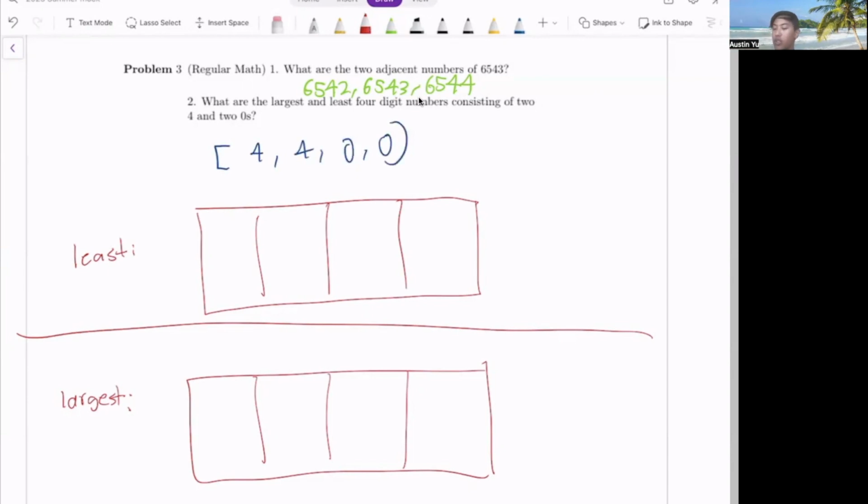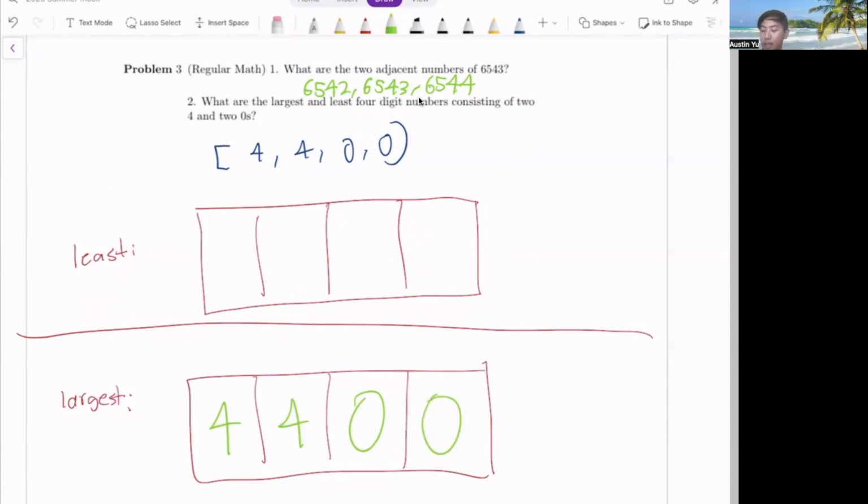Obviously, if we want the largest 4-digit number, we're going to have to put the 4s directly in the front, because that's where the thousands and hundreds places are. Those are larger, so we need to put the largest numbers there. So I put the 2 4s in the front, and the zeros have nowhere else to go, so they're in the back. So 4,400 would be the largest.